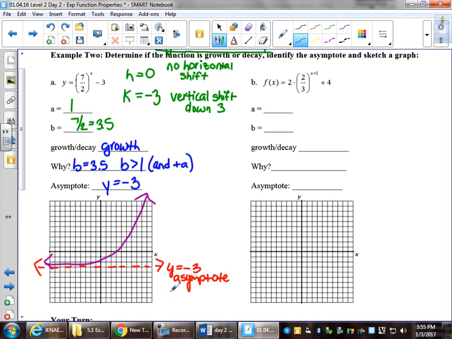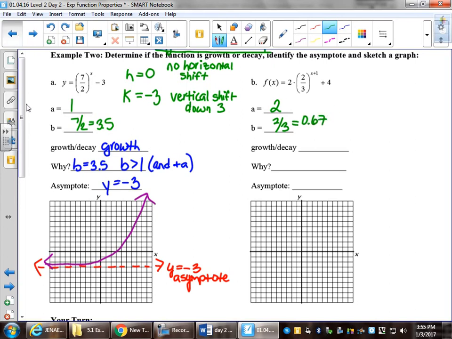Okay, moving on to B. F of x equals A times B. So right there, I know A is 2. A times B. B is 2/3. When in doubt, divide. So 2/3 in your calculators, go ahead and figure that out. 2/3 is 0.67.